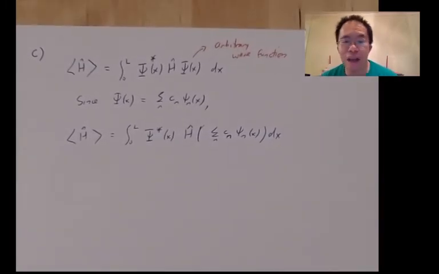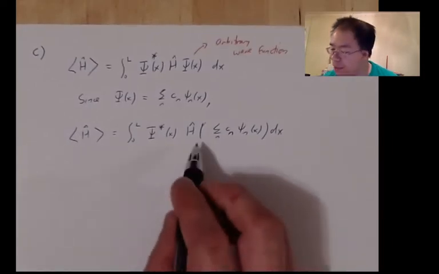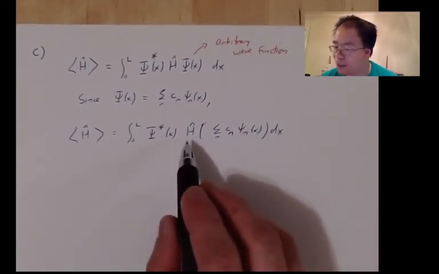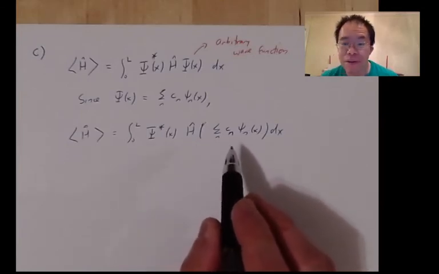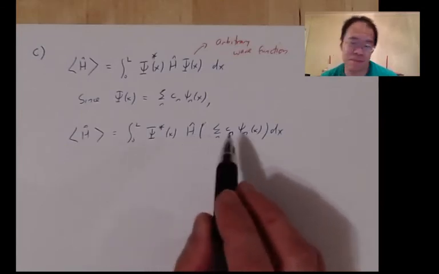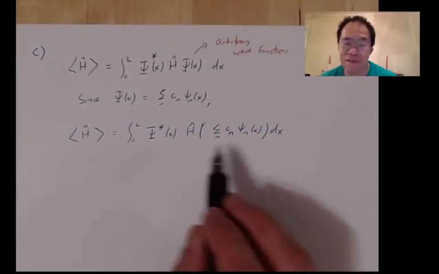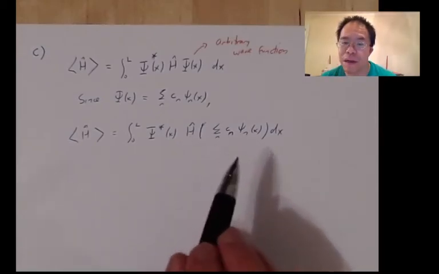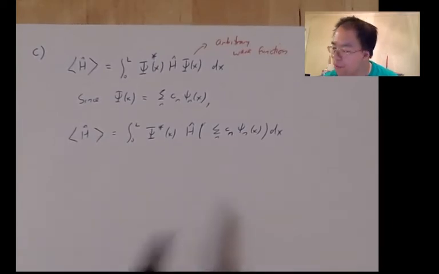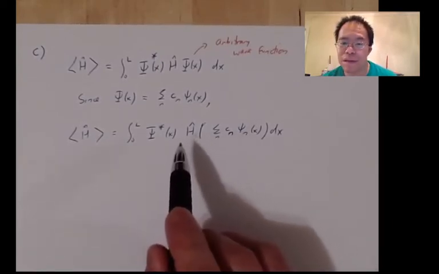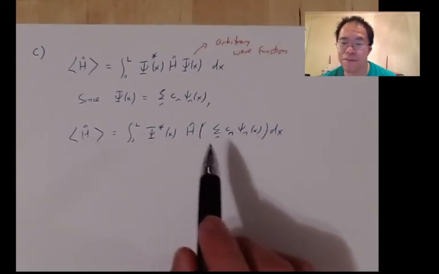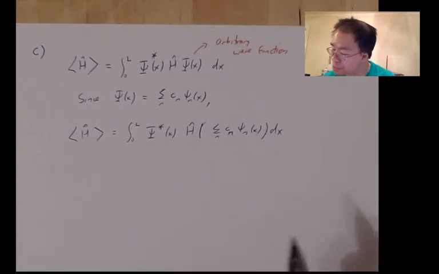Okay. Now, again, this is the Hamiltonian just acting on a sum. So the Hamiltonian is an operator, right? It involves some derivatives and stuff, but that's all linear, so I'm allowed to bring the Hamiltonian in here. I think you might be getting the hang of this, so I'm not going to write this out explicitly like I did the last one, but if it helps, by all means do that.